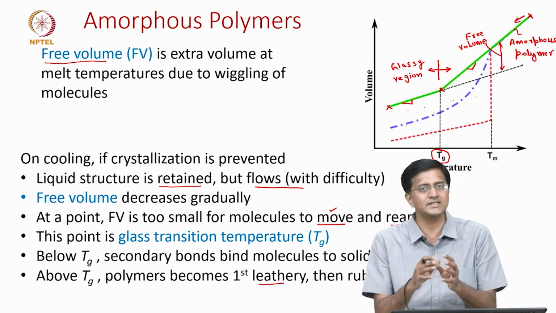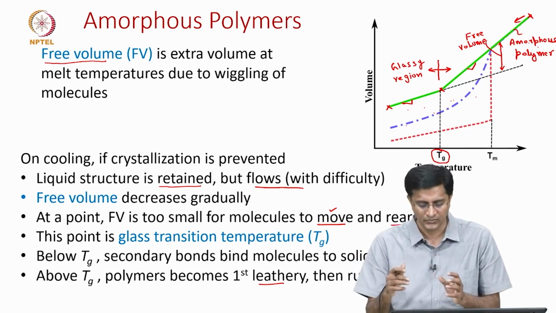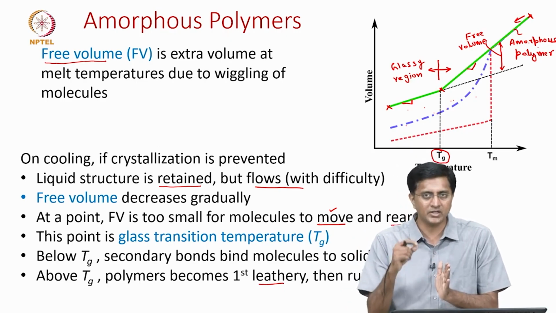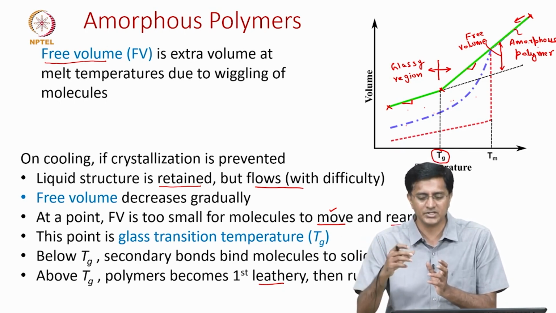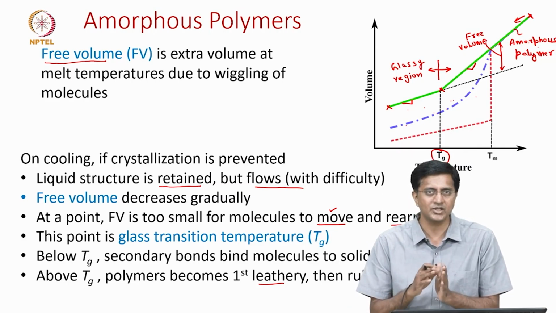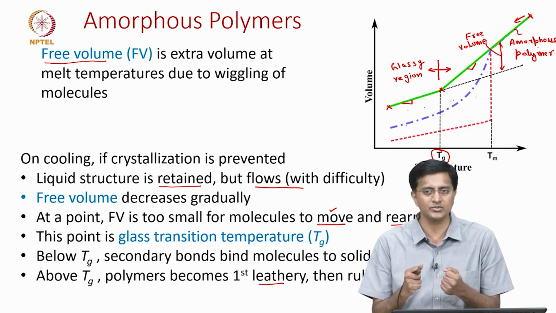How random is it? It is as random as what we have seen in a liquid state. Above the glass transition temperature, the polymer is leathery, meaning very soft, and if the temperatures are slightly beyond or far from the glass transition temperature, the polymer is rubbery, meaning softer and flexible.